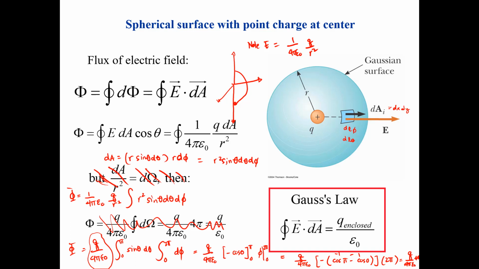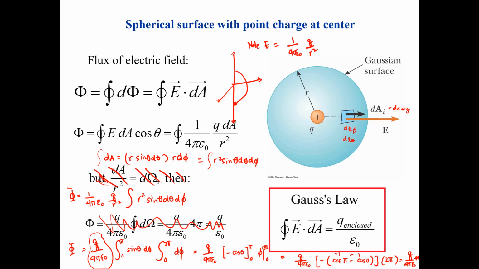Okay. And then we integrate dA. So we integrate dA, class, which is r squared sine theta d theta d phi. Okay? So you have, we just copy the constants, no? 1 over 4 pi epsilon naught.